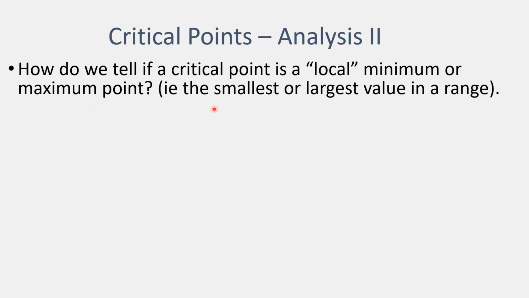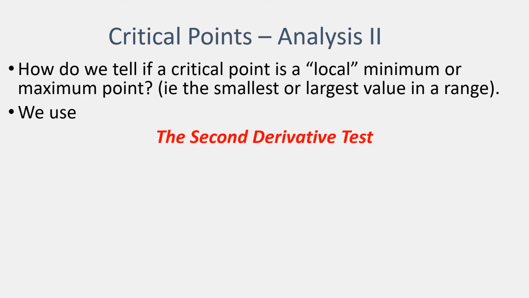In other words, the smallest or the largest value attained by that function in a particular range. Well, the main tool that we use is something that's called the second derivative test. So I'm going to describe how that operates. Right, so our starting point, we have a function.